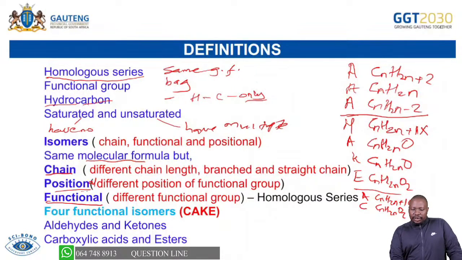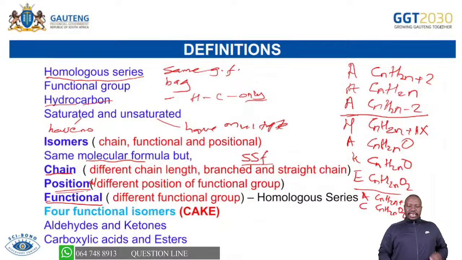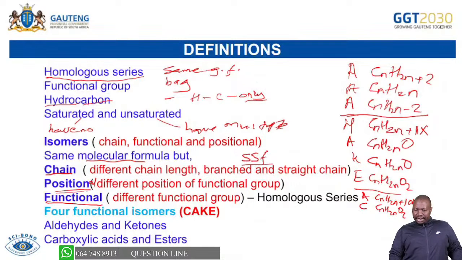And the positional isomers, we're saying they have the same molecular formula but different position. Position of what? Of the substituent, of the side chain, and of the functional group. I say SSF so that you don't forget. It has the same molecular formula but different position.